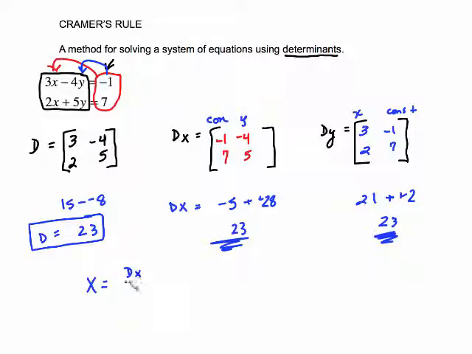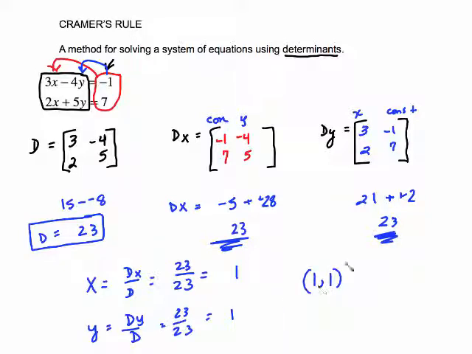It will be dx over d, and to find y, it will be dy over d. So I just have to fill in, dx is 23, d is 23, 23 divided by 23 is 1. Over here, same thing happens, 23 divided by 23 is 1. That makes my ordered pair 1, 1.